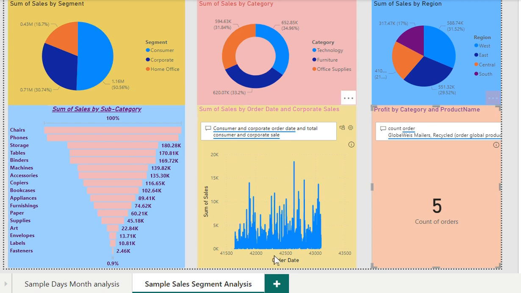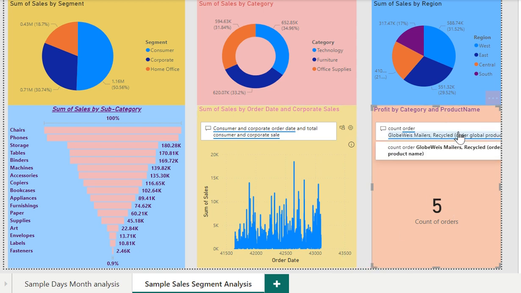So now coming to the next one. Here what we did is sum of sales by the order date, where it shows me the sum of sales by the order date and the corporate sales category. So it shows us 5k, 10k, 15k and 20k, and then the amount as per the order date.